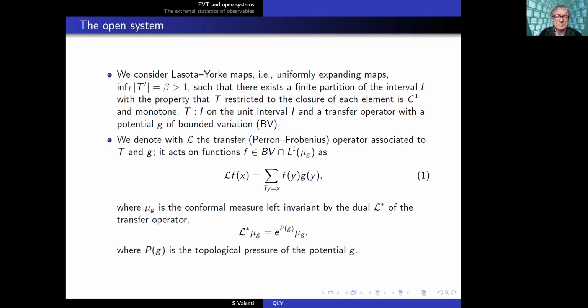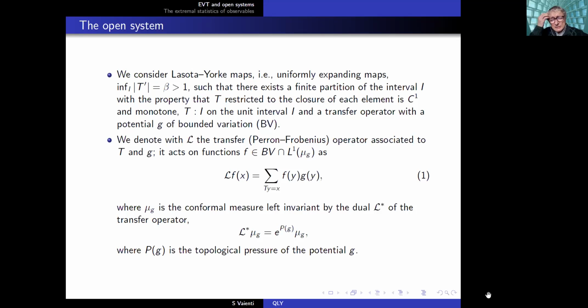The space which we consider is the space of bounded variation. The action of the operator is written here as usual. It acts on functions of bounded variation, summing the function over the preimages of a point x, multiplied by what we call the potential g.